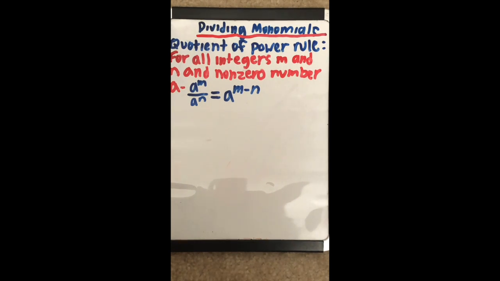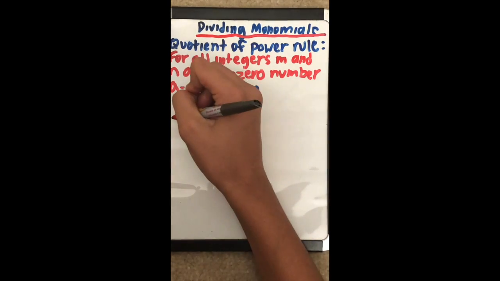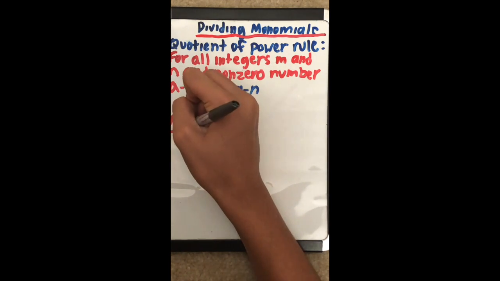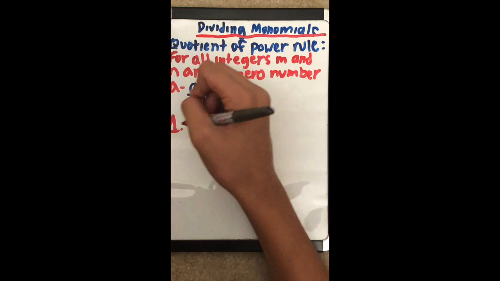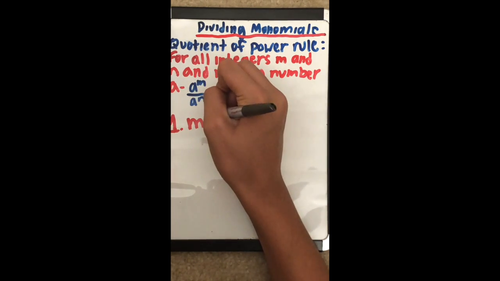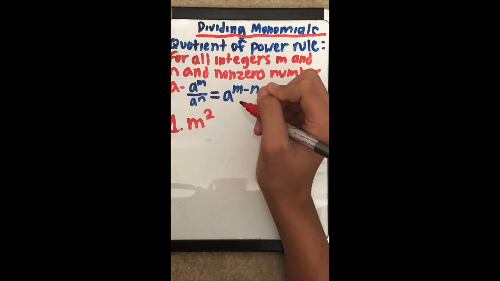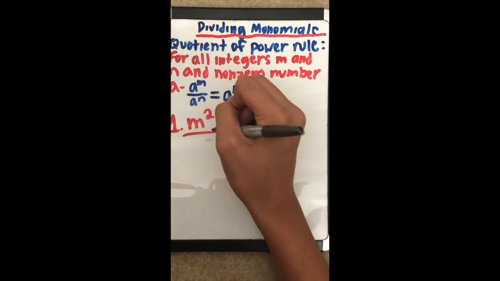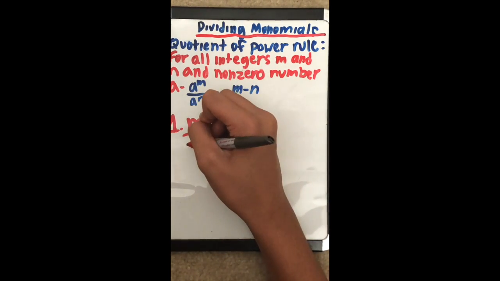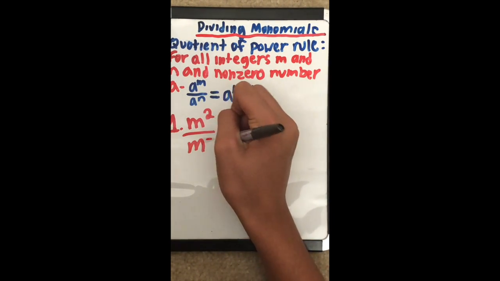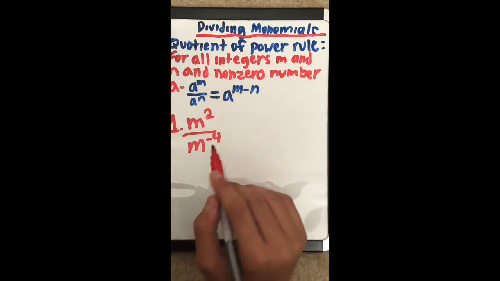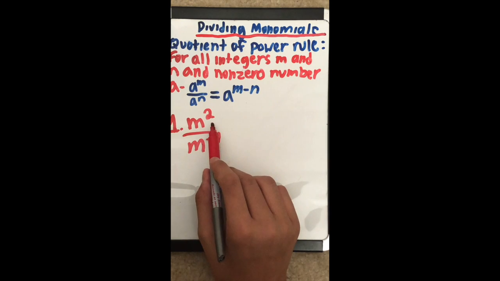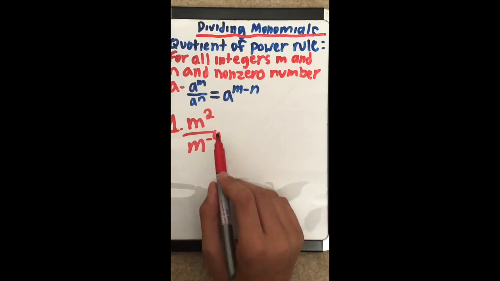So let me show you what I mean. Let's start with question number 1, and let's do a fairly simple question. Let's do m squared over m to the power of negative 4. In this question, you might be thinking, this is already a negative, so what do we do to subtract it?